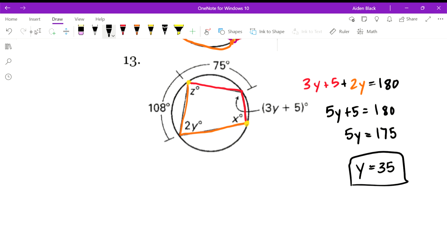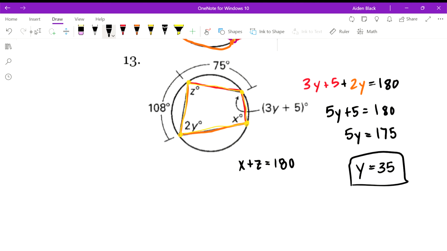So I'll kind of do the same thing. I'll say x plus z equals 180. You'll notice that they share the same endpoints. Look at z, look at x. Okay, which means that when you add them together, you get 180.